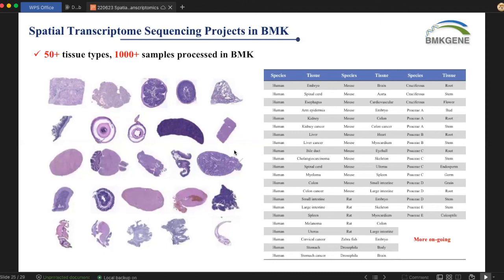That's how we align RNA sequencing information back onto each single cell. Then from that data set, with the spatial transcriptome data set that I introduced today, we can align the cell clusters and spot clusters, and then give a cell annotation on the slice, like the image that I showed.